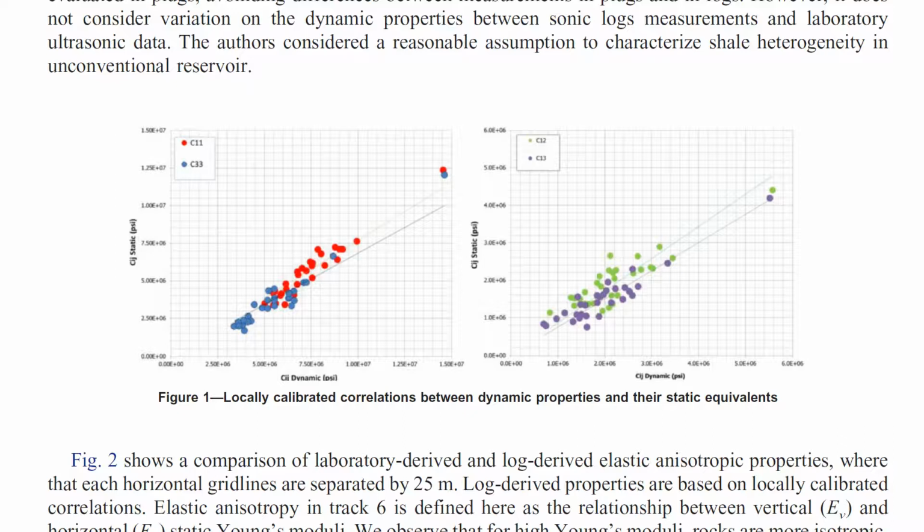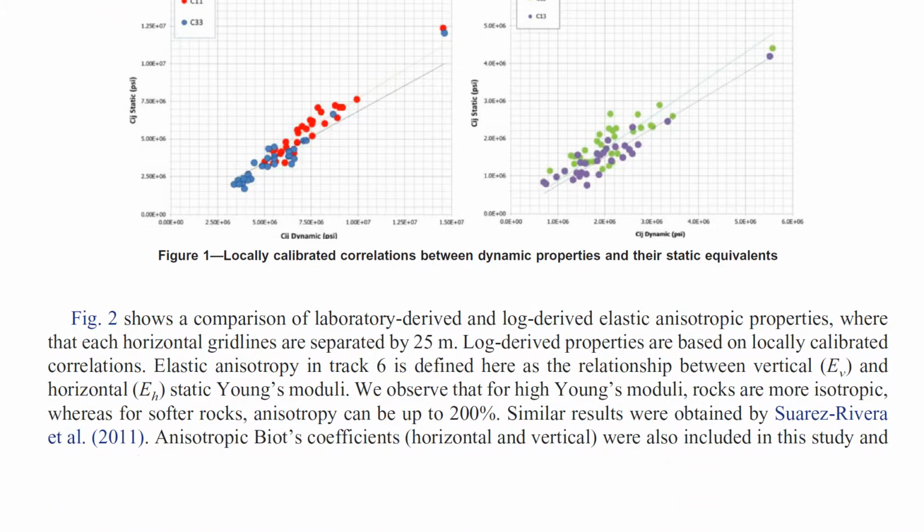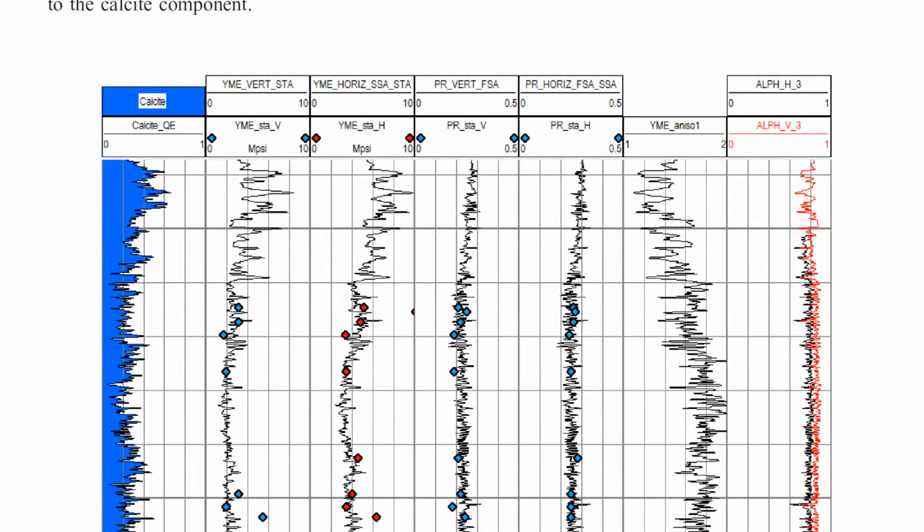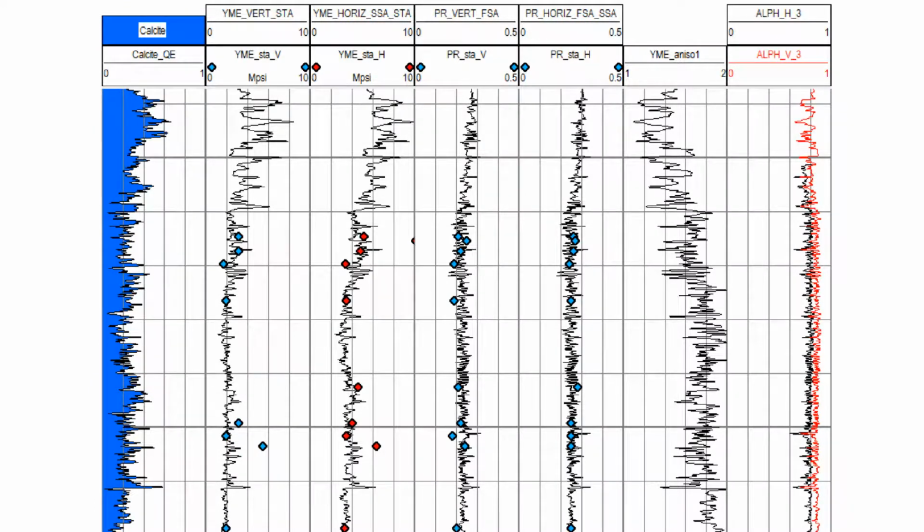With these equations, you calculate the static values as a function of the dynamic values based on correlations. And here you have first track, a model calcite, second track, vertical Young modulus, then horizontal Young modulus, vertical Poisson ratio, and horizontal Poisson ratio.